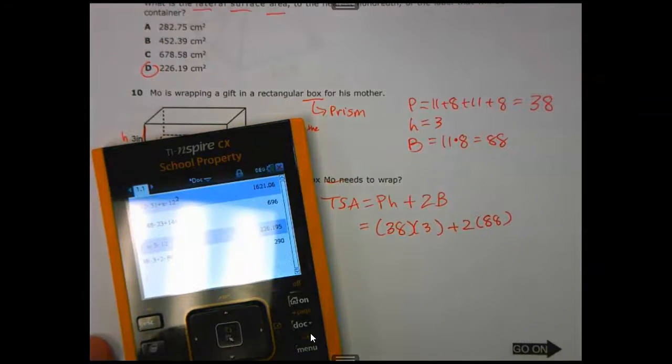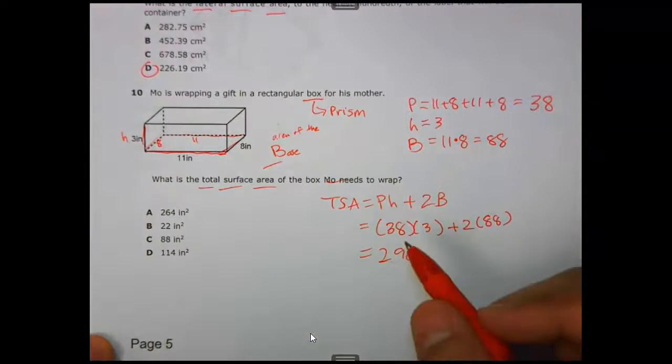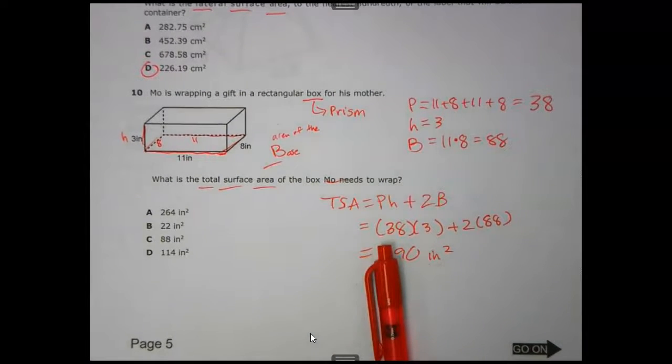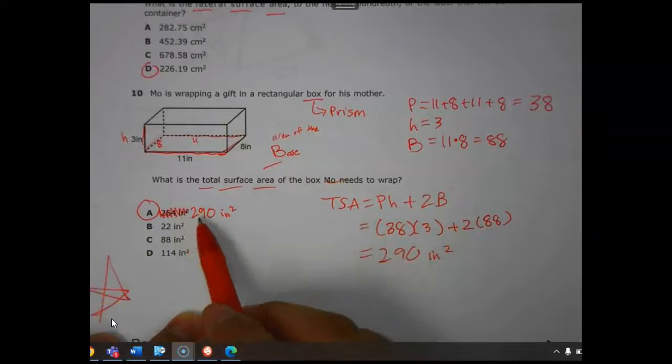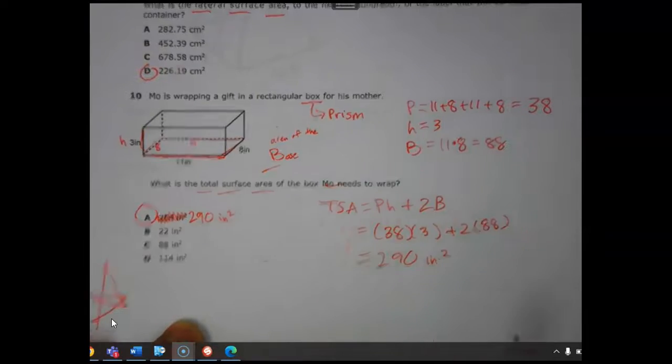Then I get 290, and that's in inches squared. You'll see the edit on your page already, but it should have been 290. My bad. So you definitely do get 290 using the right formula, which will be A, and I'll fix that.